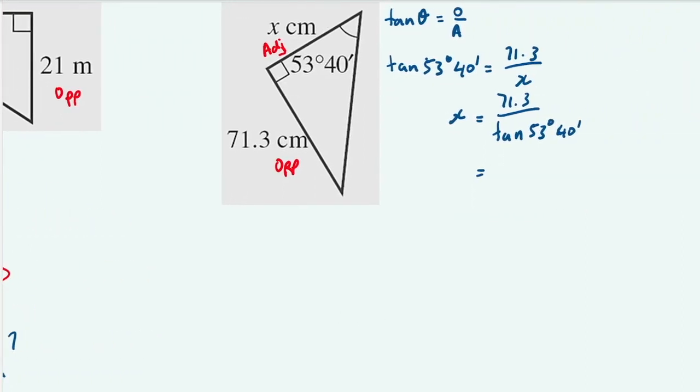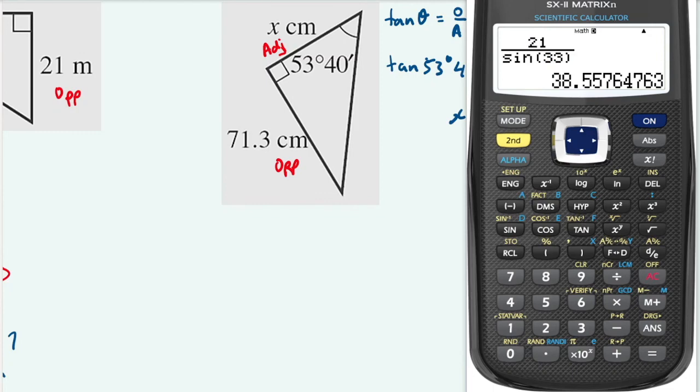So let's get to it. Let's get that calculator out. So 71.3 over tan 53, DMS for degrees, minutes, seconds, 40.